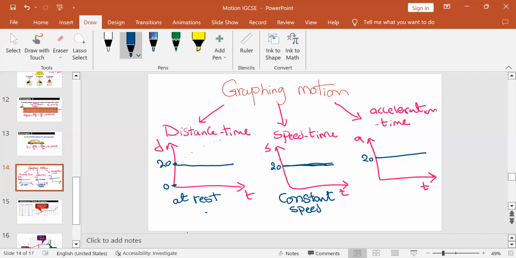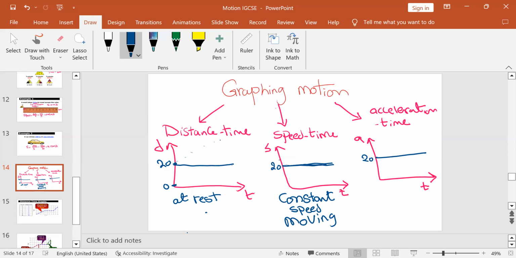For the first graph, the body is at rest because the distance is constant. Here the speed is constant, so if the speed is constant, it means that the body is moving. It's not stationary or at rest.